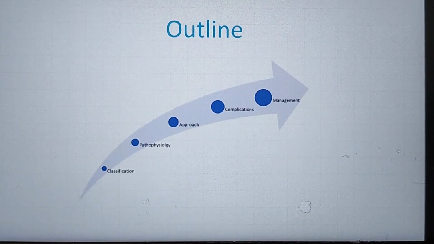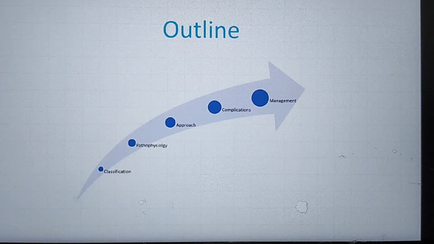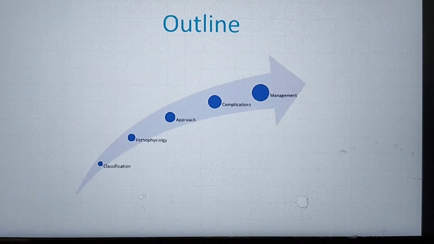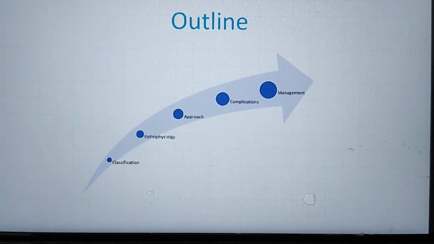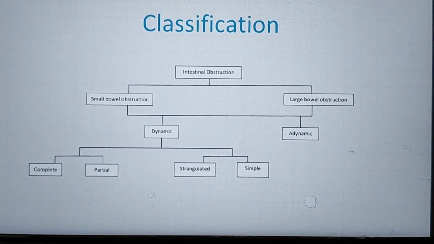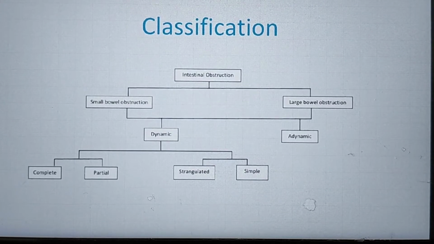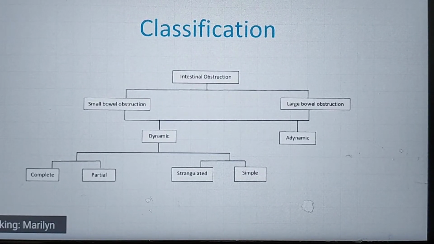We'll start with the classification of intestinal obstruction, the pathophysiology, the approach to intestinal obstruction, the complications, and also the management of intestinal obstruction. First and foremost, we can divide intestinal obstruction into small bowel obstruction or large bowel obstruction. Both can be further divided into dynamic or adynamic obstruction.